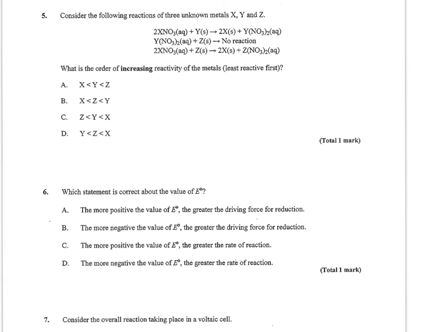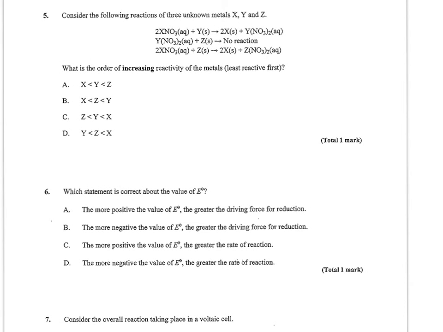And in the first one, Y is the solid metal, and it is able to bump the X off, so that means Y is more reactive than X. In the second equation, Z is the solid metal, and it is not able to bump Y off, so Y is also more reactive than Z. However, when you put Z and X together, Z metal is able to bump off X, so Z is more reactive than X. So that lets me know Y is the most reactive, Z is second, and X is the least reactive, or if you write it in the opposite order, X is less reactive than Z is less reactive than Y, or letter B.